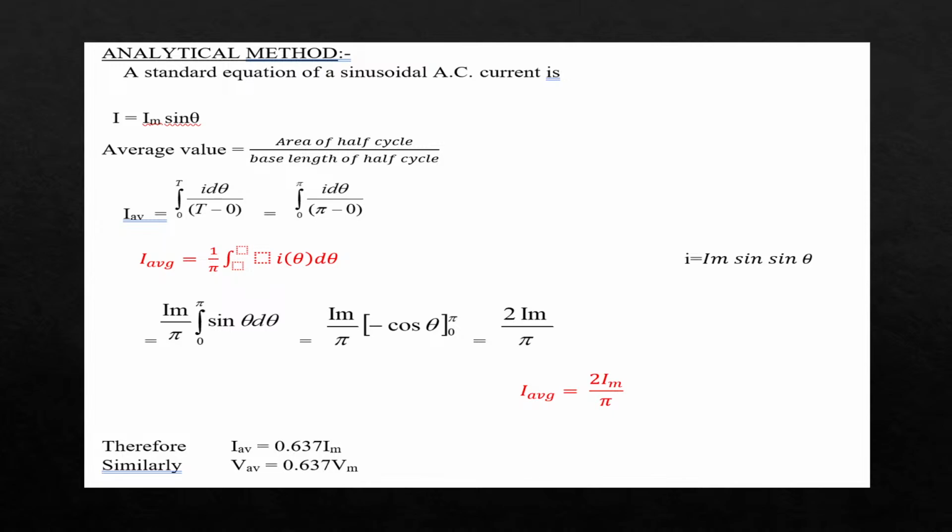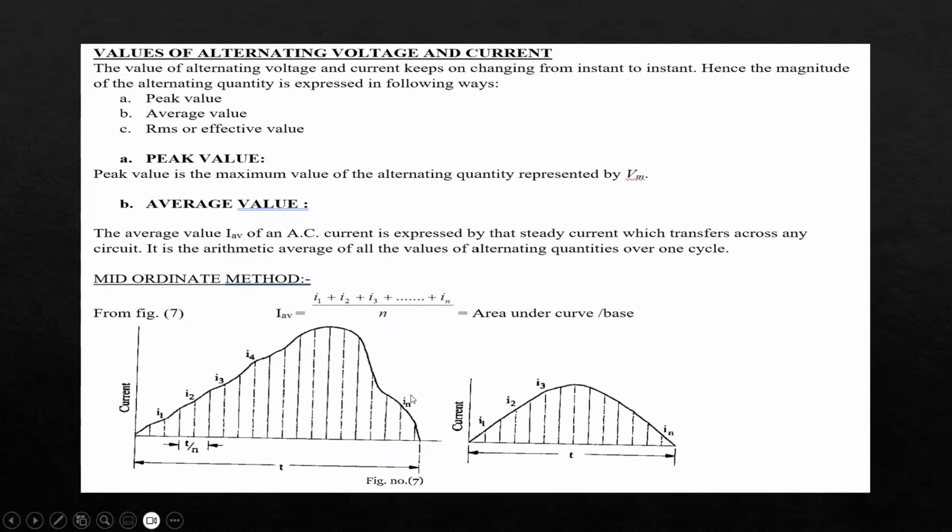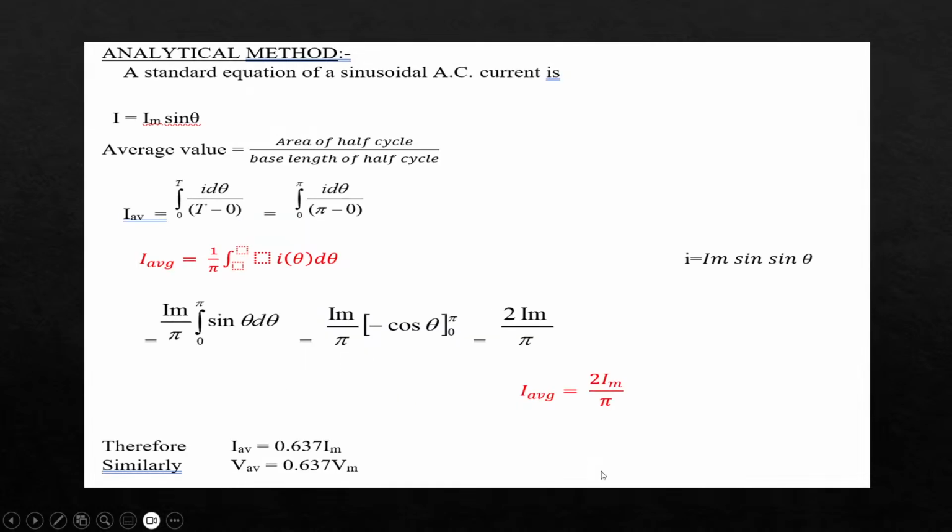So average value is the area of the half cycle upon the base length of the half cycle. If you think about the displacement, the overall is zero, so it's just the half cycle that they've taken.